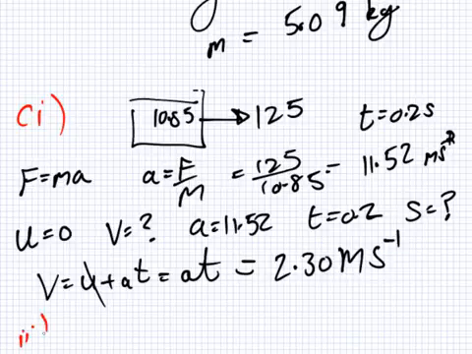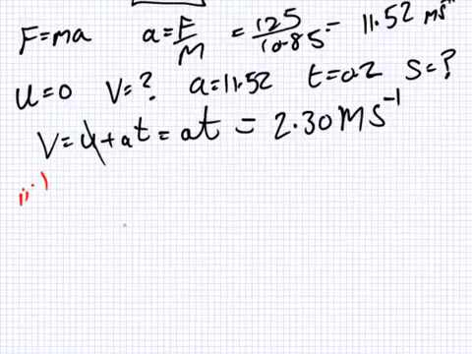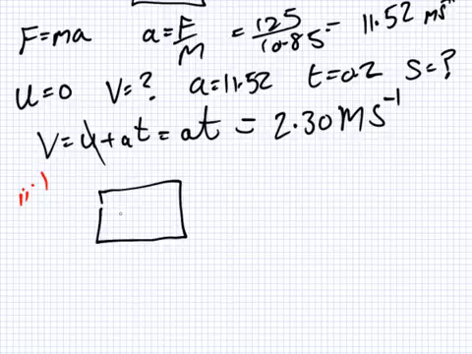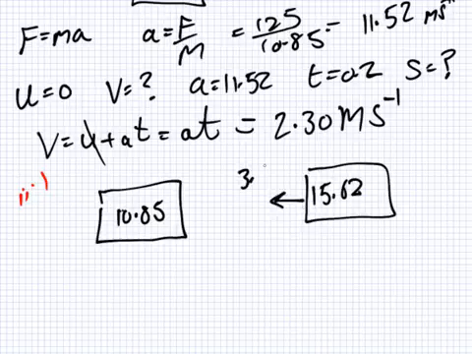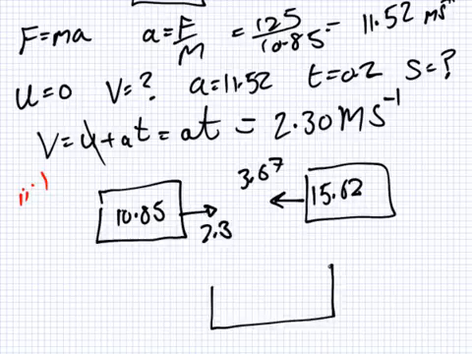It then collides. So this is a baby collision question here. We have our 10.85 collides with B, and B is 15.62. B is moving this way with 3.67, and A is moving this way with 2.3.